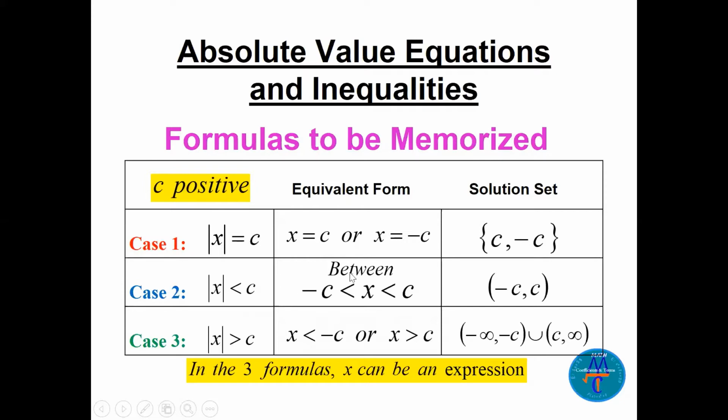So in case 2, we have between minus c and c as the solution. If absolute value of x greater than c, then x will be less than minus c or x greater than c. Guys, you have to remember, especially case 3 here: anytime you see absolute value of x greater than c, you have to write x less than minus c or x greater than c.